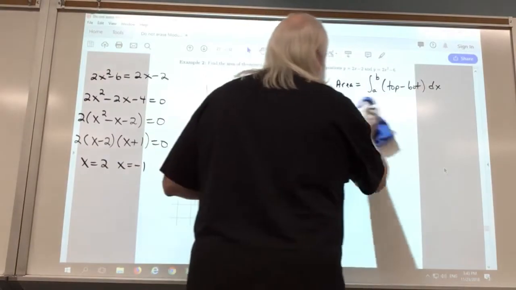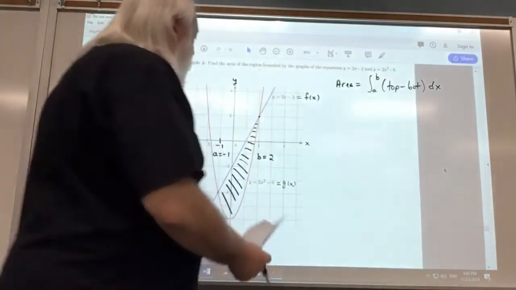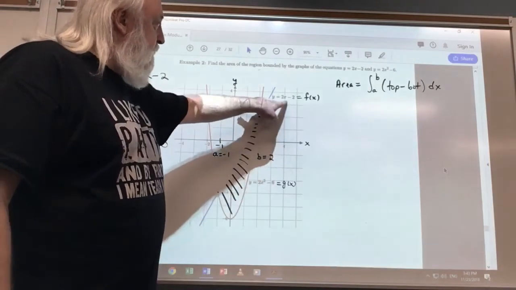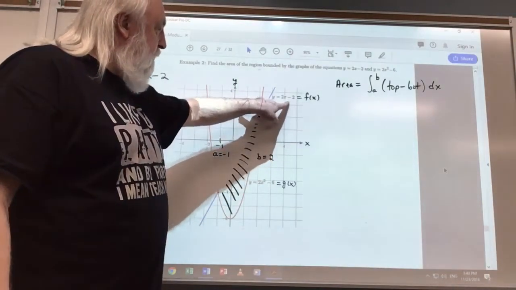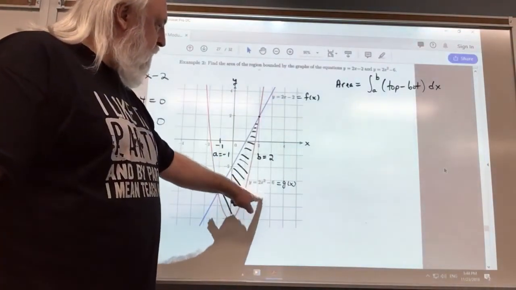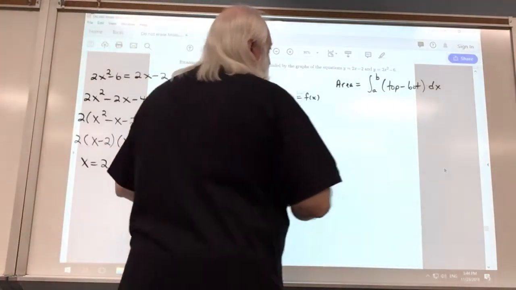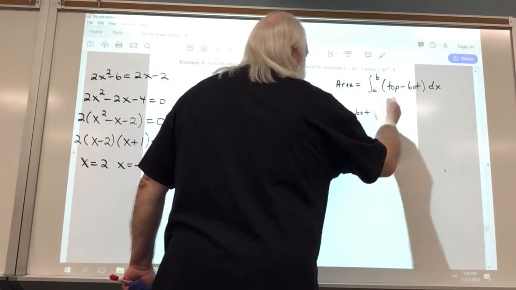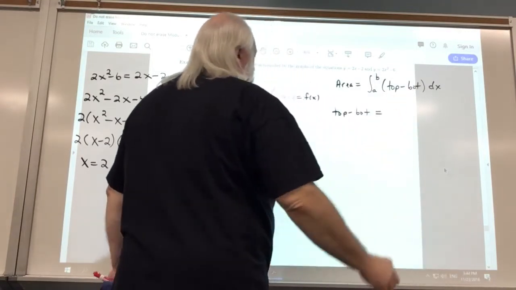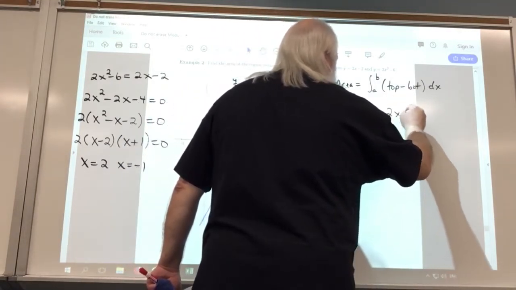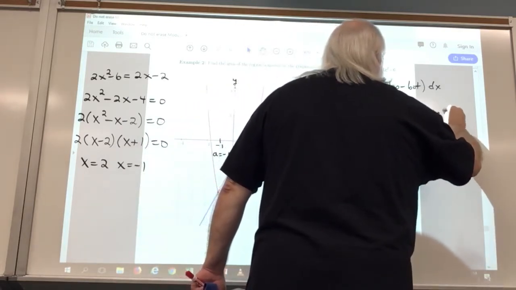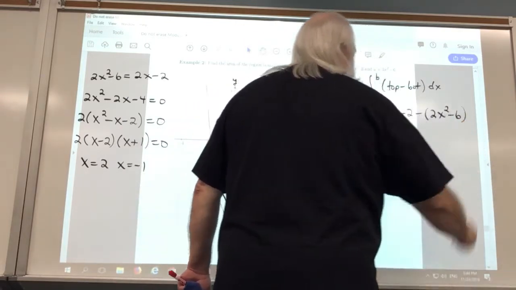Before we do that, let's do the algebra first, so we don't have to do it inside the integral. The top function is 2x minus 2, and the bottom function is 2x squared minus 6.